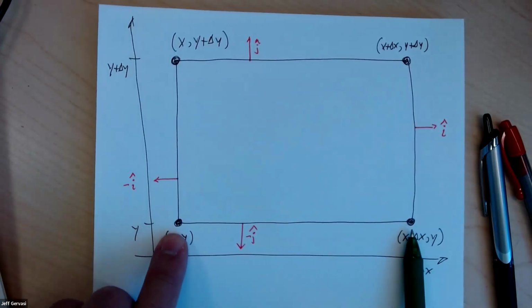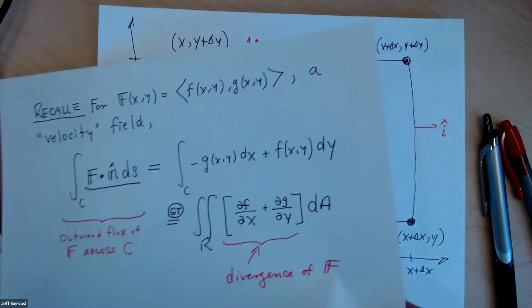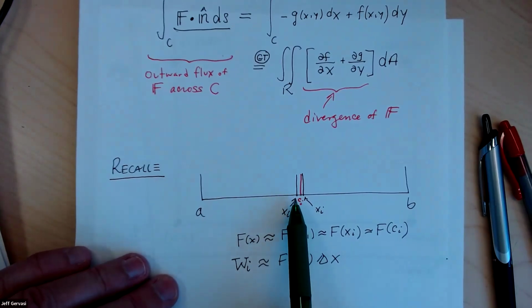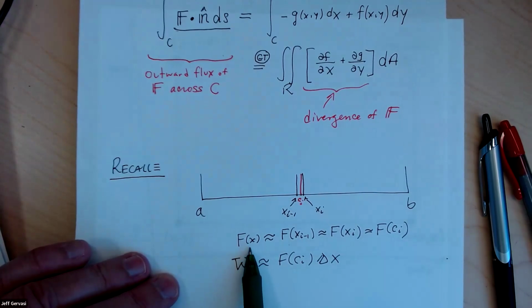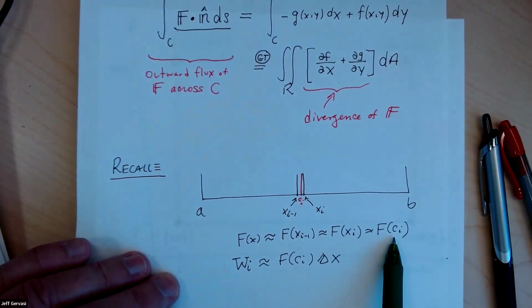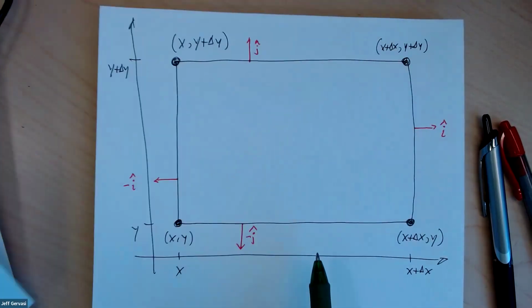Think of that Riemann sum that we were working on. Remember, the variable force was approximately constant over such a tiny interval, so that the force was approximately the same as the value of the force at the left end, the right end, or any point in between. I'm using exactly that concept here.